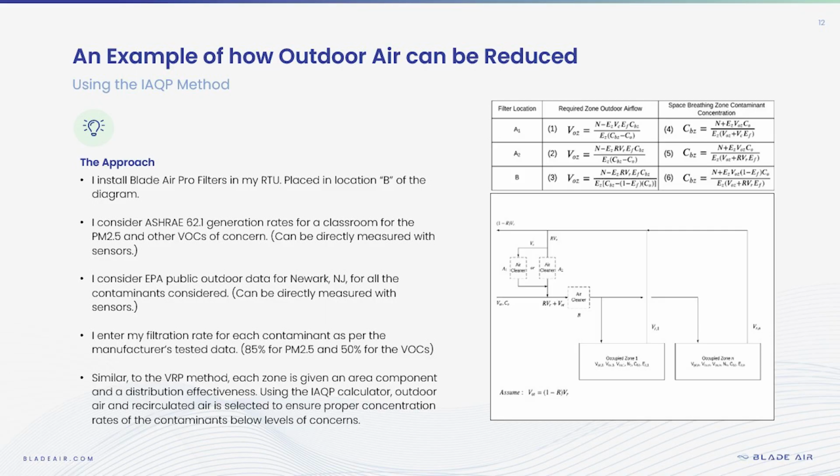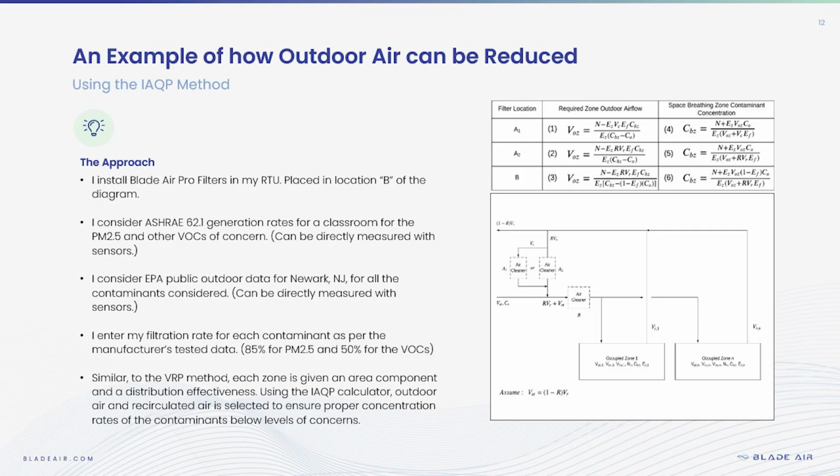Putting it in this location allows it to clean both the outdoor air coming in and the recirculated air. Besides the cleaning technology, I'm going to consider my indoor generation levels, and ASHRAE provides that for classrooms.